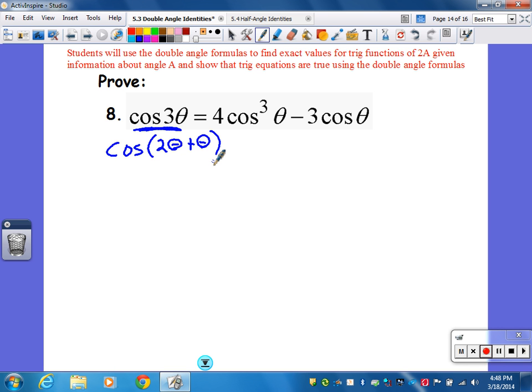We have 2 angles now, okay? So we know this is equal to cosine 2 theta times cosine of theta minus sine of 2 theta times sine of theta.